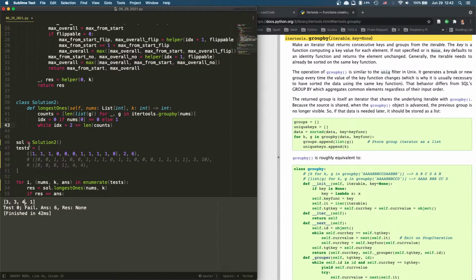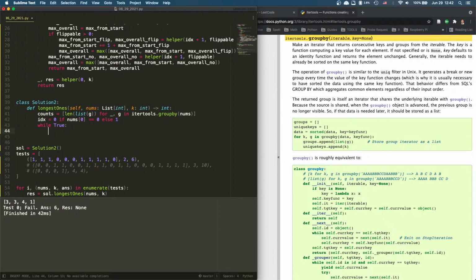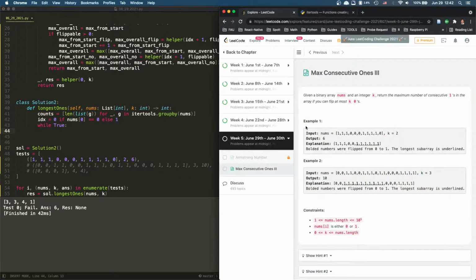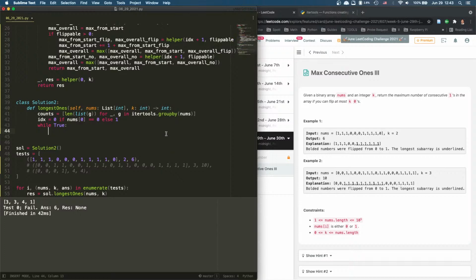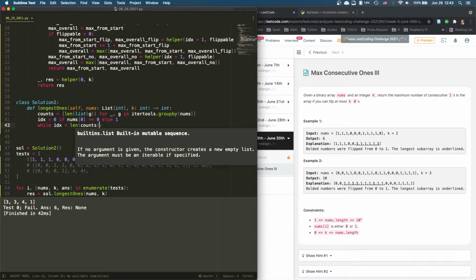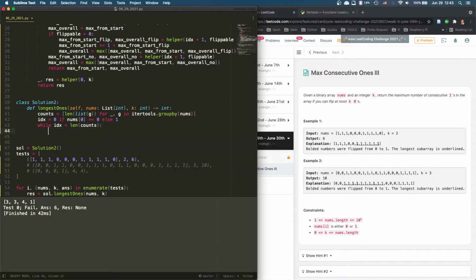No, that is while true, and then we check this at the end. Let's go while true, right? So we're coming in, and then what do we say? No, I think just index smaller than len counts shall suffice.